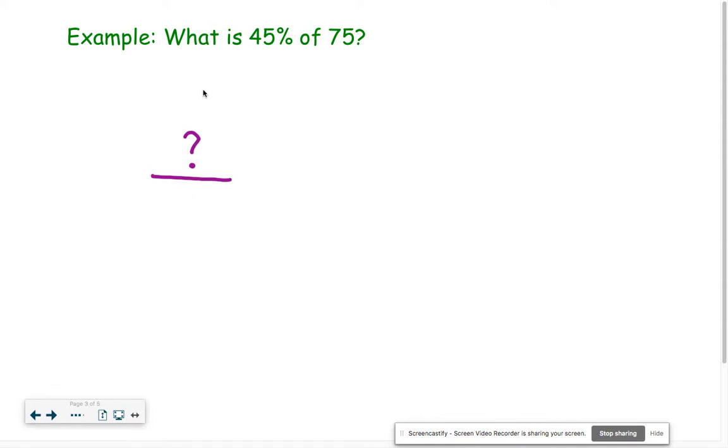What is 45%? So we know 45%, and percents are always out of 100. So what is 45% of 75? Because we have the word of is on the bottom.